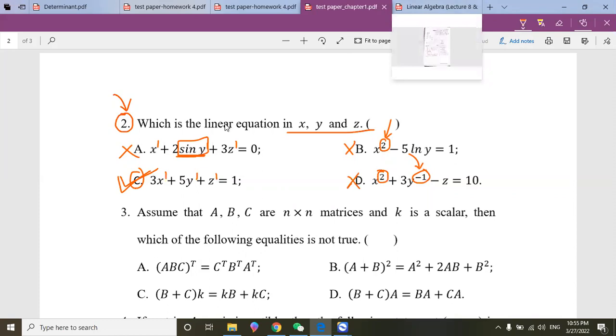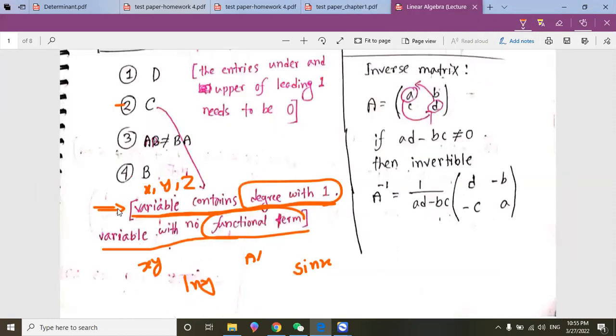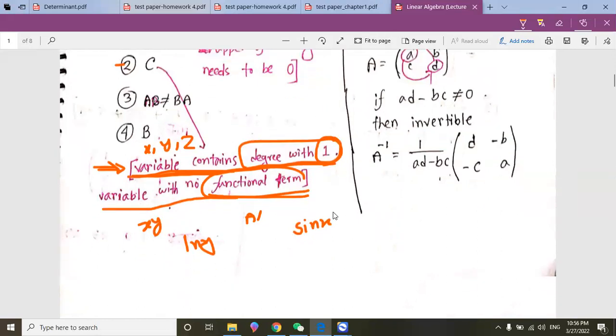Okay, so we just need to see these two rules. The variables x, y, z must contain degree 1. That means their power will be only 1, nothing else. And there will be no functional term. Functional term means sin x, or multiplied terms like xy, or ln y, or something else.